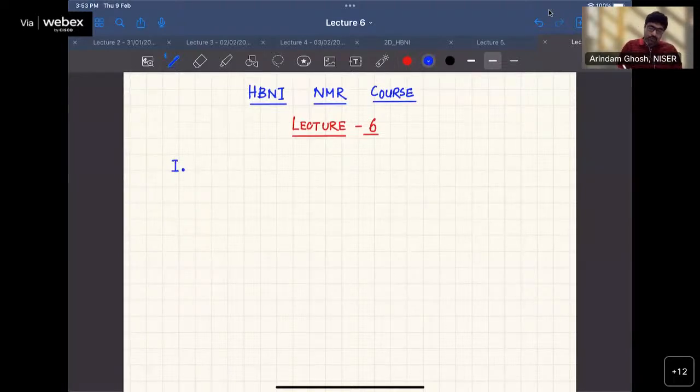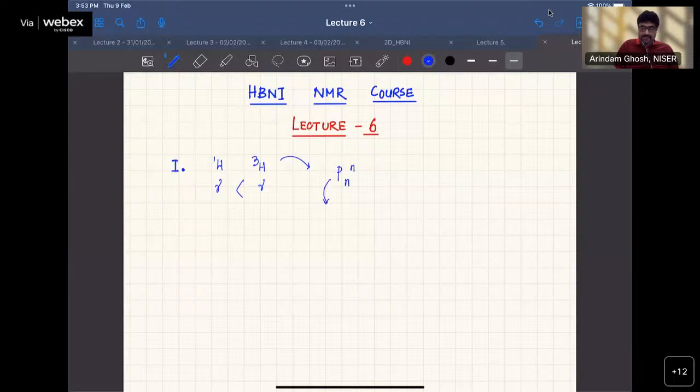One is why 1H and 3H, if we just compare this proton and tritium, we see that the gamma of 1H is slightly less than gamma of tritium. He asked me why this happens, because in tritium we have one proton and two neutrons, correct?